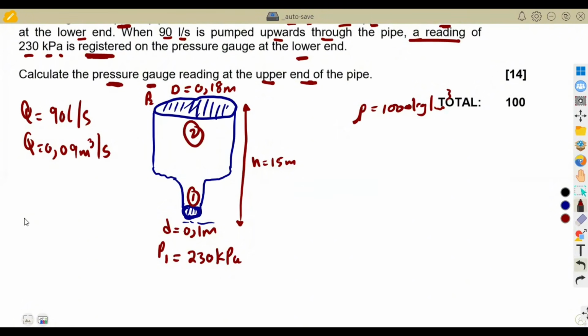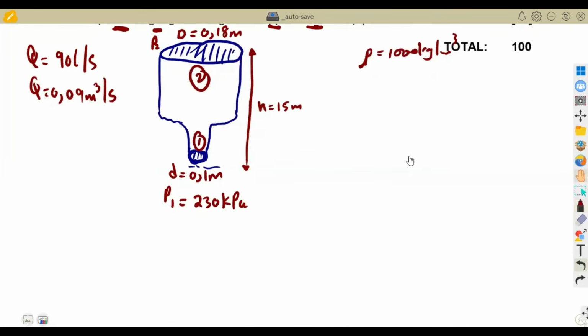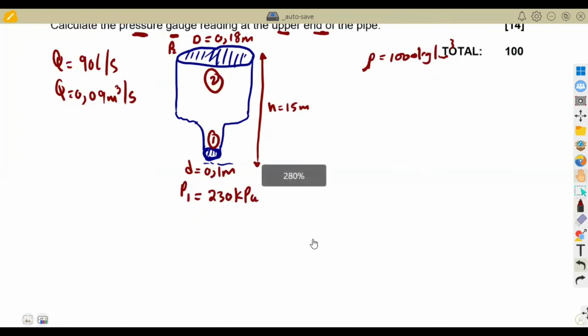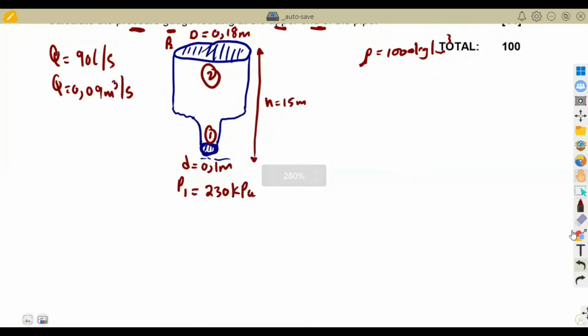So applying our Bernoulli theorem, we understand that in terms of the formula, all right, this is our Bernoulli, guys. Remember, that's where we have P1, P2, this and that.